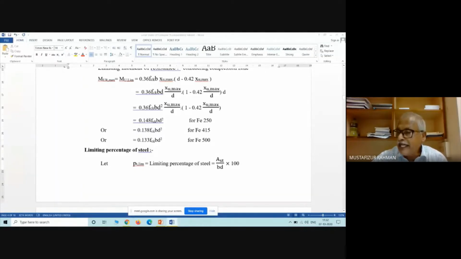We will be able to change only the FCK. Say for Fe415, this we had fixed. Now we can change the value of concrete, say M20, M25, M30, and so on. As we are changing M20, M25, M30, this value we will have to place here. By this way we will be able to do this. So this is with respect to concrete.